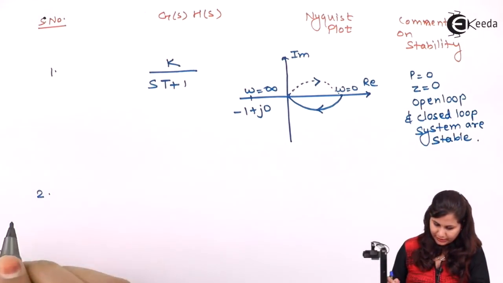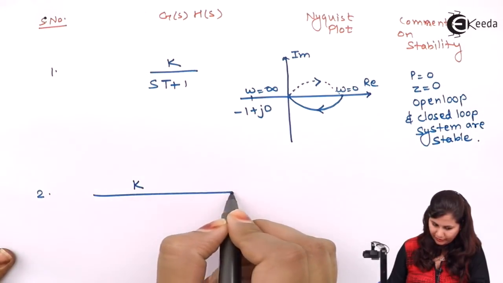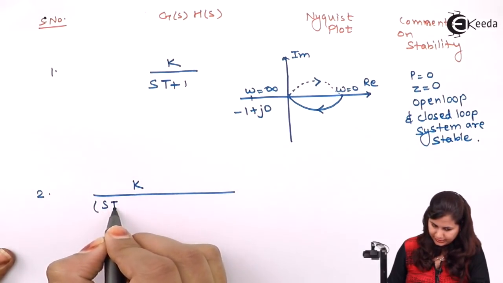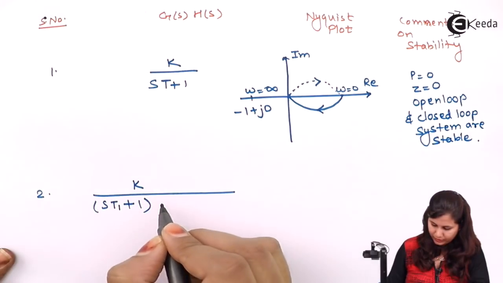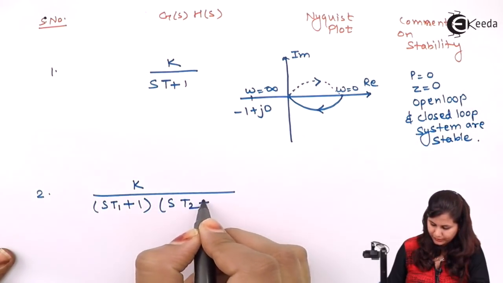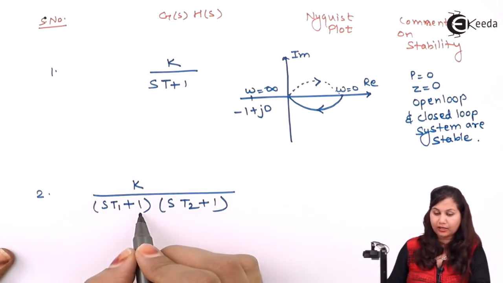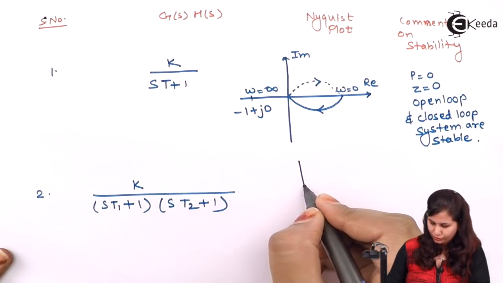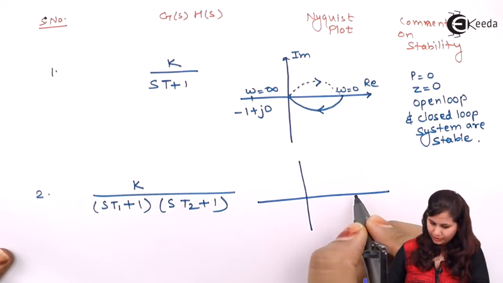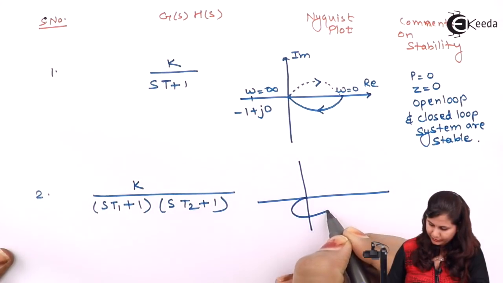Now for the second transfer function, we have (sT1 + 1) and (sT2 + 1). That is, we are adding a pole. For this, the Nyquist plot will be like this.